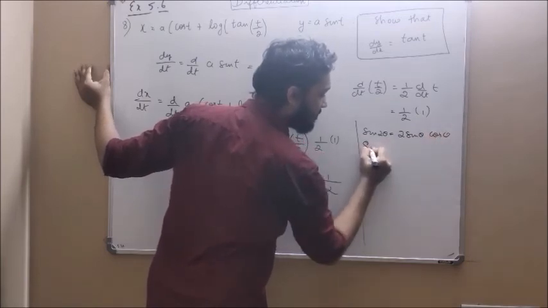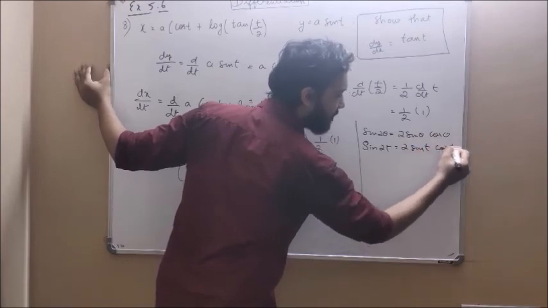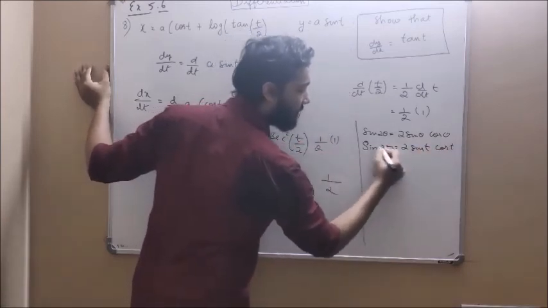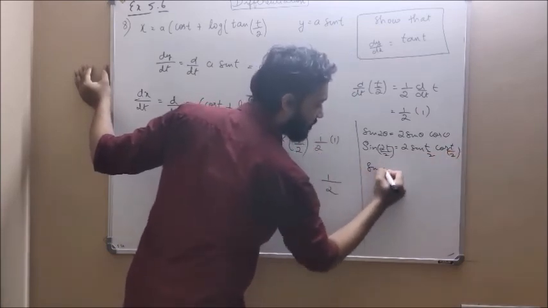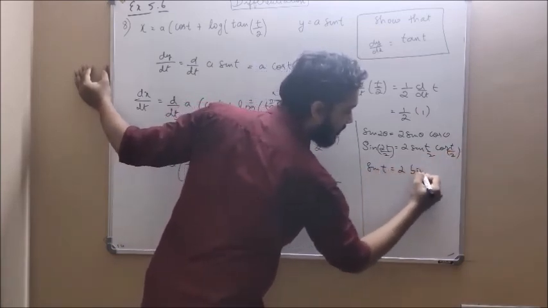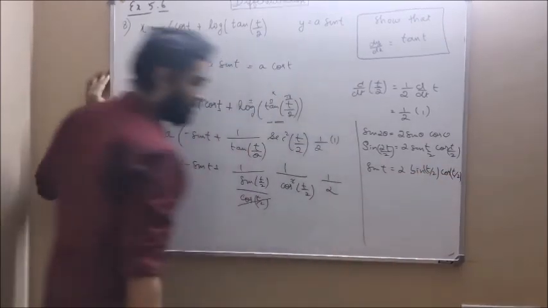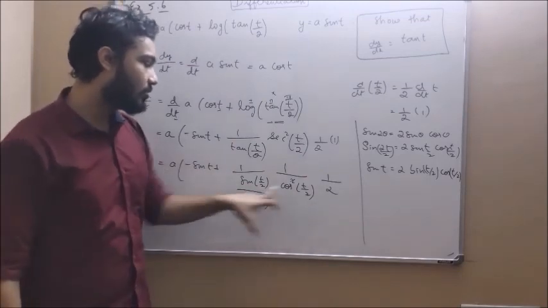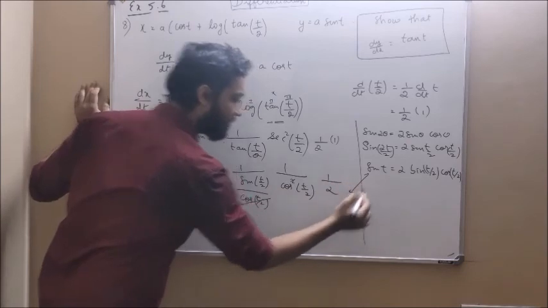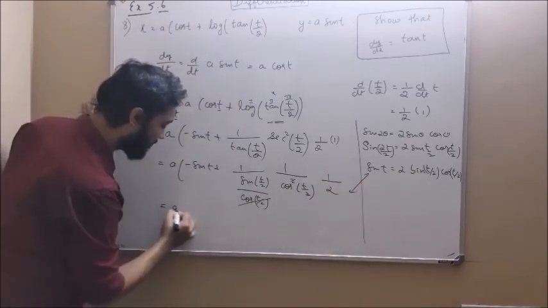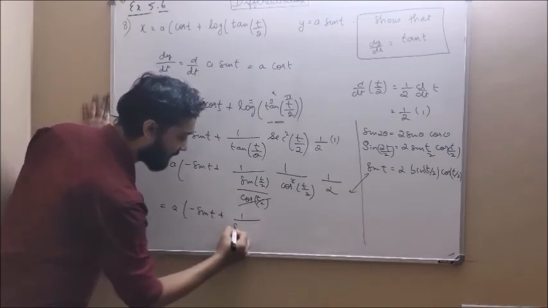So sin 2t is 2 sin t cos t. Divide the angle by 2, and you get sin t equals 2 sin t by 2 cos t by 2. So substitute here: it is a into minus sin t plus 1 by sin t.